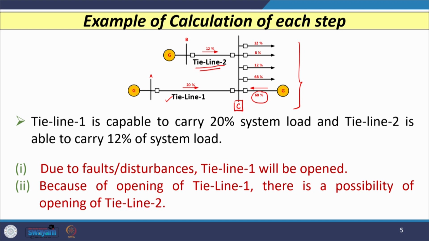In this situation it is possible that because of a fault, let us say on tie line 1, or some disturbances or abnormal conditions, tie line 1 may trip. Because of this tripping, the next consequence may be the tripping of tie line 2 also. If tie line 1 is tripped, or tie line 2 is tripped, or both trip, then we want to discuss how the load on these feeders is to be shed.